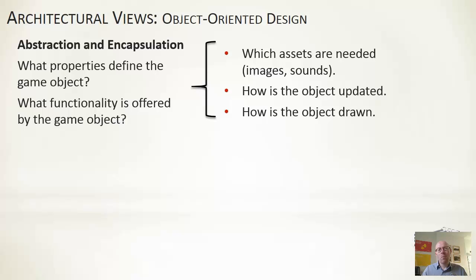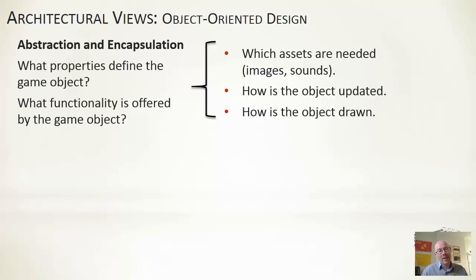So what properties should that game object have? And that could be anything from things like its position on the screen or in the world to the assets, the sounds and the images that it uses. You also want to think for each of your objects, well, what do they do? What functionality do they have? Do they just sit there and do nothing? Is there a bit of AI behind them and they interact in some way? How are they drawn? And it's those fundamental questions asked of each of the objects that will enable us to model an object within our game.